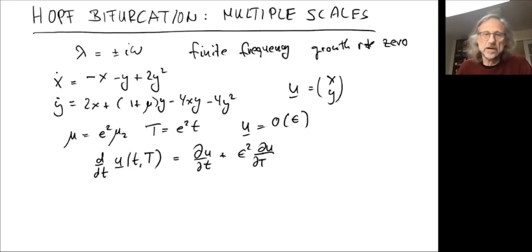And so we need to look out for singularities of the matrices or the operators that we have. In general, whichever details come out eventually, we'll have a linear operator L0 times u1 at order epsilon equals something. At order epsilon squared, we will have the same linear operator times u2 equals something else, and so on at all orders.